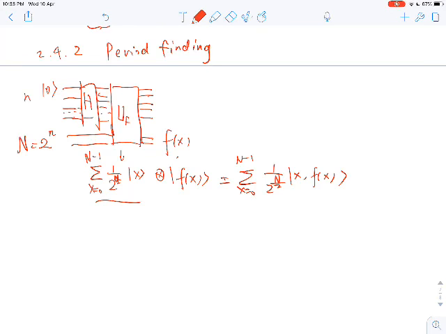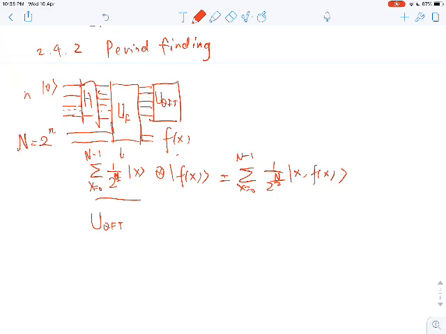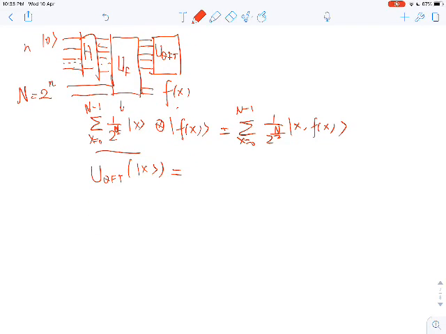And now we will use the quantum Fourier transform here. It's very mysterious. It's very powerful here. Actually, the quantum Fourier transform turns some x into another distribution. It's like this, similar to the Hadamard transform, right?